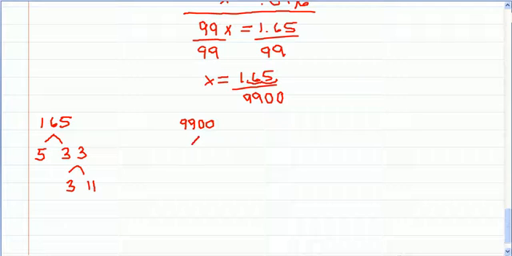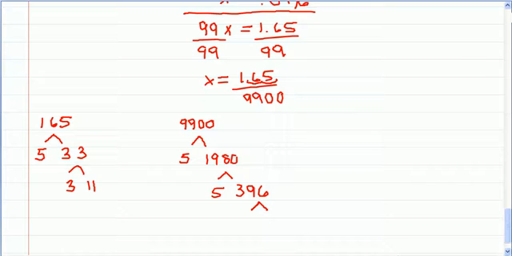So with 9,900, I'm going to divide 9,900 by 5 because the number ends in 0, and I get 1980. Now if I divide 1980 by 5, I get 396, and 396 is divisible by 11 because the middle number of 9 is the sum of the two outside numbers.